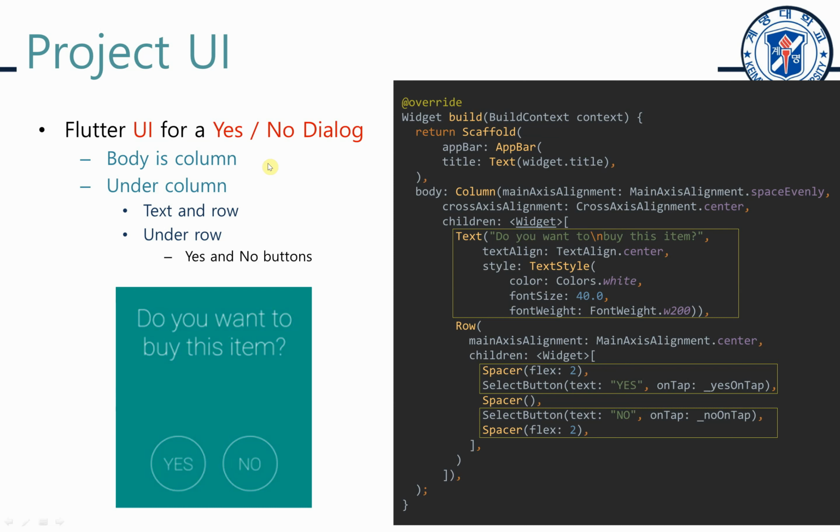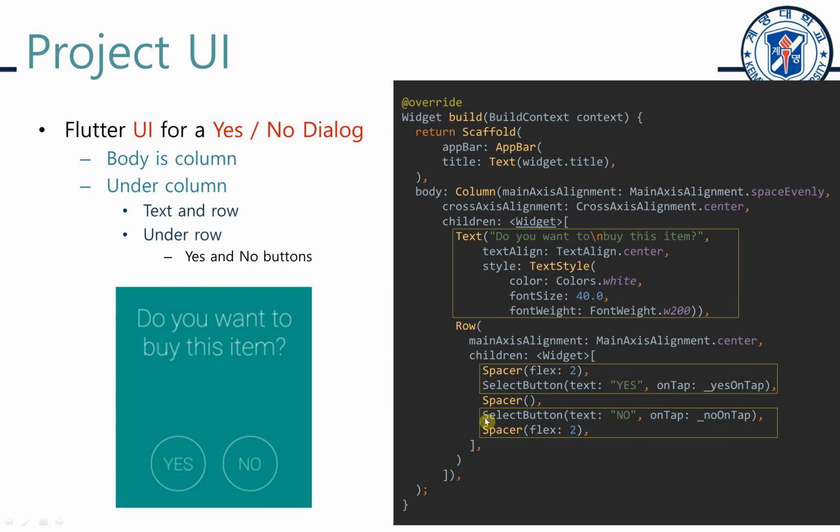So you can see that I create some kind of column, and then I put a text: do you want to buy this item? So I created a text here, and then I created two text buttons, or two selection buttons.